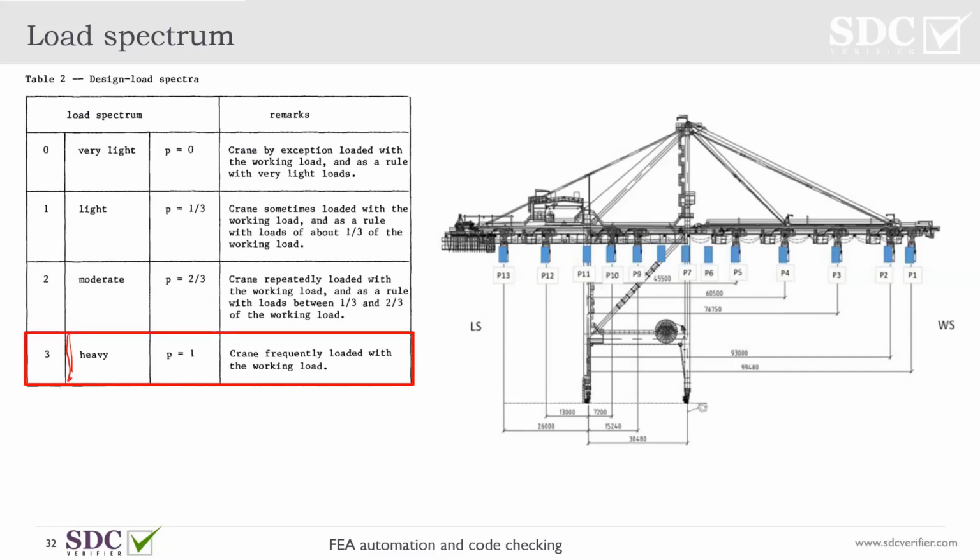And very often this assumption was very conservative, supposing that the crane is all the time working with the maximum load capacity, which is of course not true. So even if you have a grab, for example, instead of the container, it's not always the case that your grab is full, right? So it can be, for example, 70 or 80% loaded. The same thing with the container.